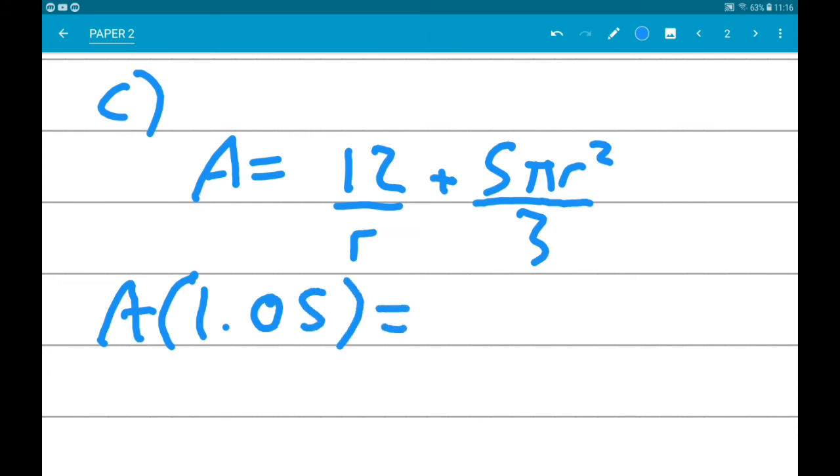So, A of 1.05 should give us 17.2 blah blah blah. So, to the nearest integer, A is approximately 17 meters squared.